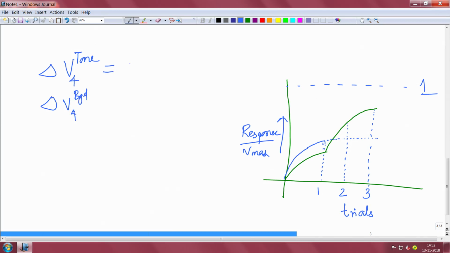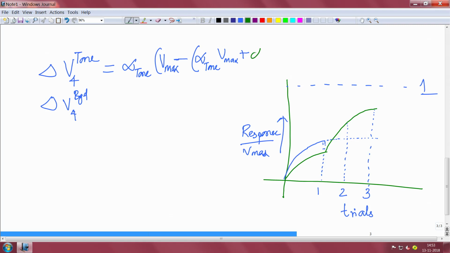So, for the tone it will be alpha tone times V max minus summation of both, right, whatever has been acquired until now, which is V tone component, just one time, which is alpha tone times V max, plus all the background components, right.